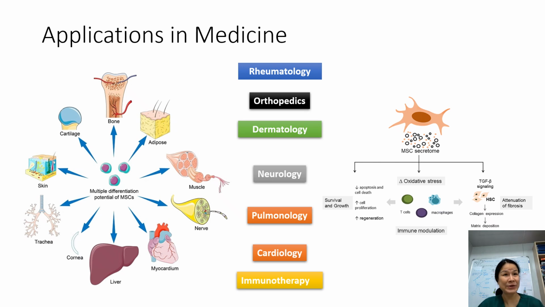Also in serious medicine, we use stem cells to treat problems with the neural system, COPD, or heart problems. Many applications use the ability of stem cells to differentiate into different tissues and organs, and also the paracrine effects of stem cells. Stem cells can secrete a good amount of cytokines and growth factors to treat other things.